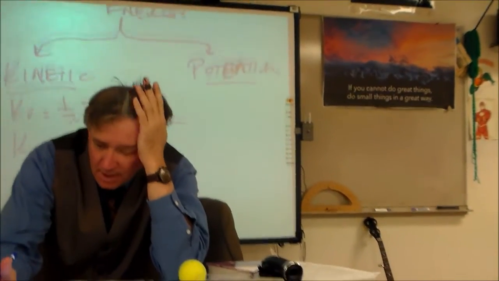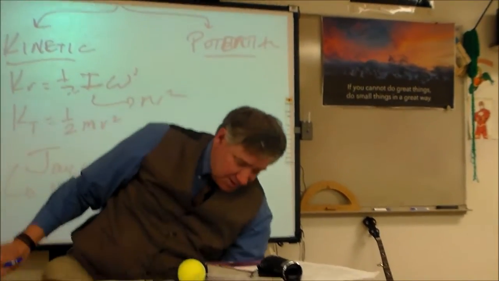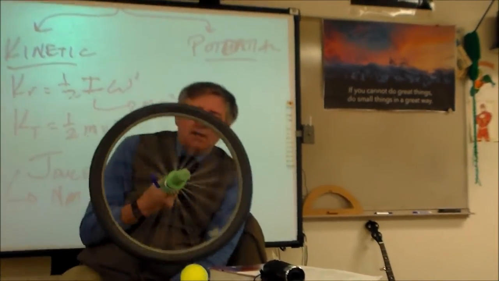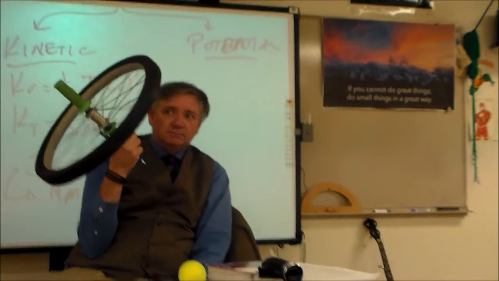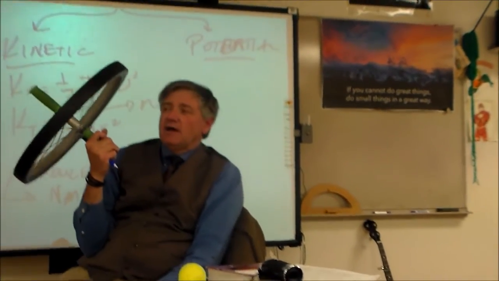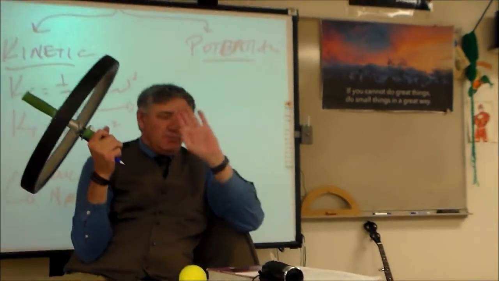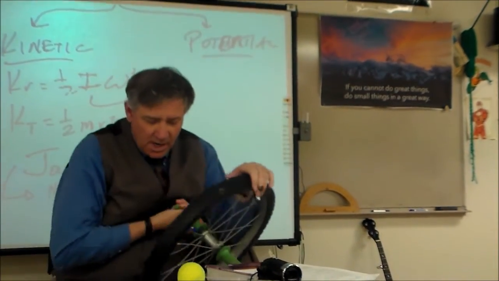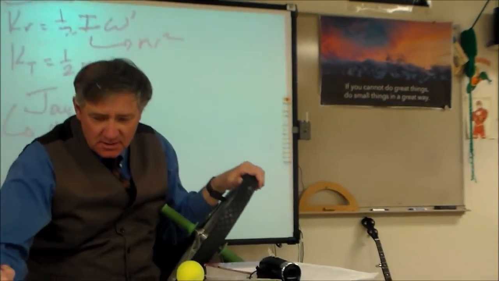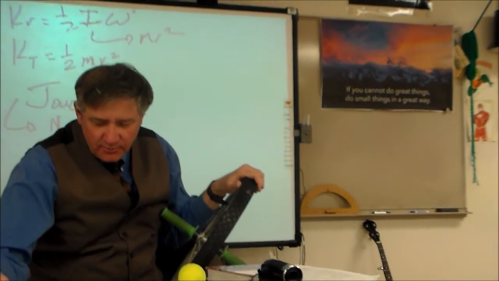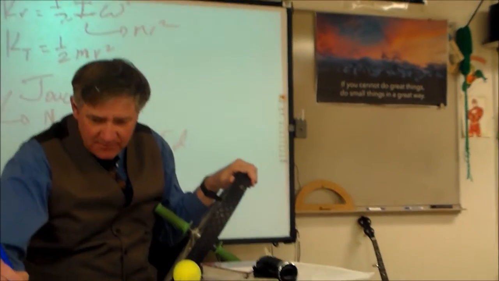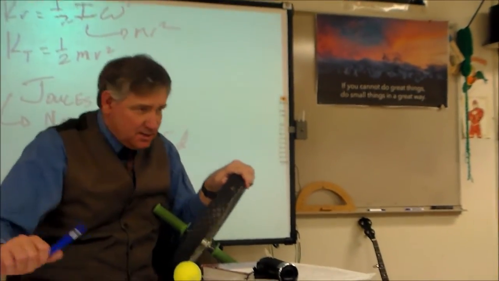Now, let's say that I want to make this wheel spin. Did I just do work? Yes. And what's the broad idea of work? Force times distance. One option is that work equals force times distance. The other one is that it's some type of change in energy.